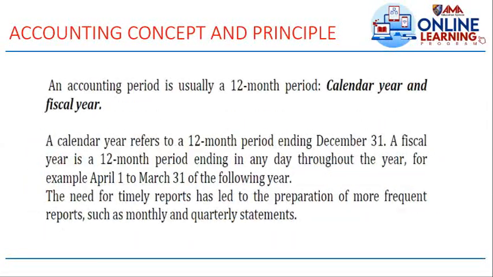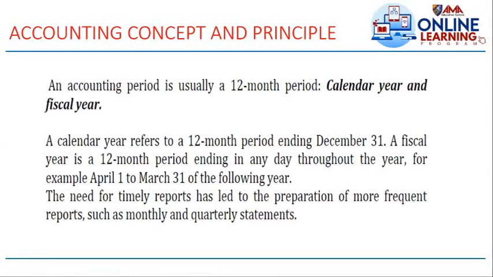And as you can see here, there are two types of year, which are the calendar year and the fiscal year. When we say calendar year, it refers to a 12-month period ending December, so it starts with January and ends with December. But when we say fiscal, it is when you're starting the accounting period at any month other than January.